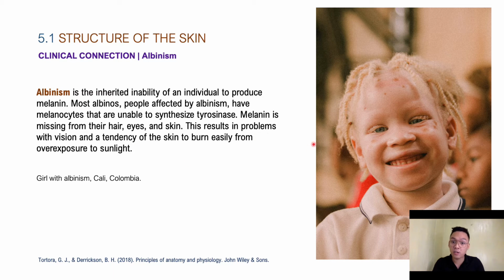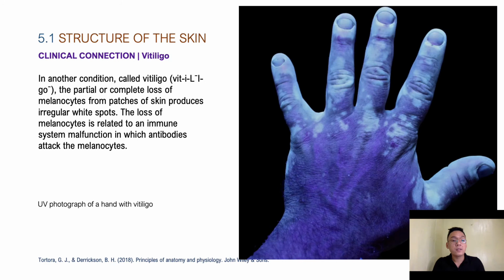This is a girl with albinism in Cali, Colombia. Again, this is an inherited disease. Next, this connection will be vitiligo. Vitiligo is a partial or complete loss of melanocytes from patches of skin that produces these irregular white spots.